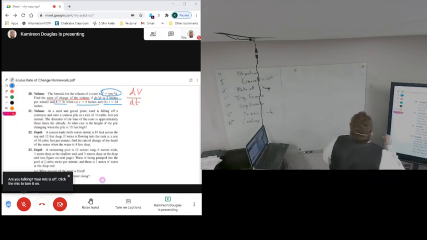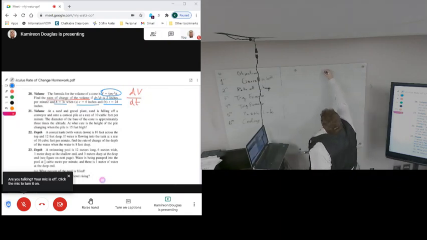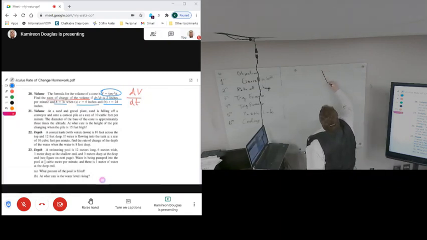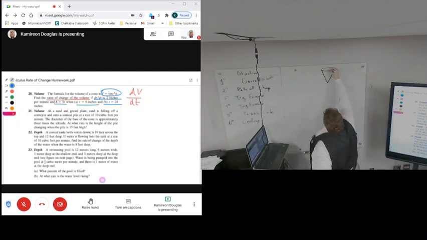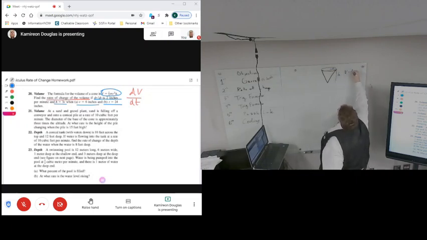First, I'm sorry, we're drawing a picture. Beautiful. So I'd have r, and I have h. So I have that V equals 1/3 pi r squared h.